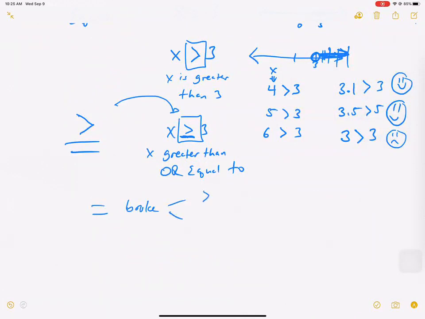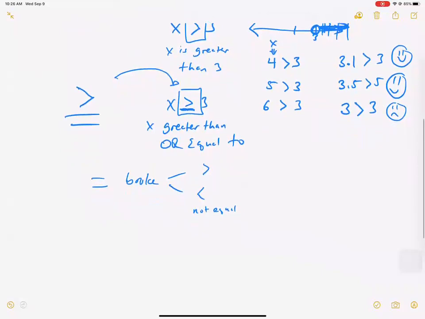We either went one way or the other. And these symbols here are not equal. Okay. Now I could go this way and give myself a greater than or equal to, and these guys are equal, yes. But they're supported.